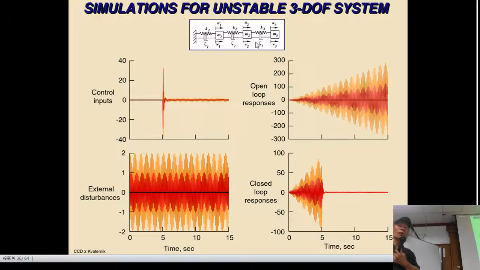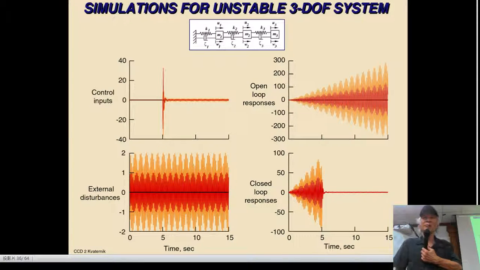In a real device it won't be negative. But assume in our computer simulation, we assume one of the data is negative. Then what happens? The system becomes unstable. It's not a stable system anymore.